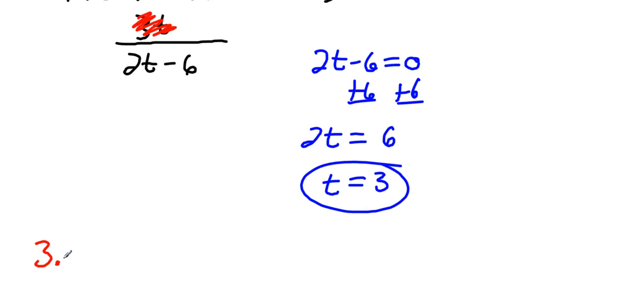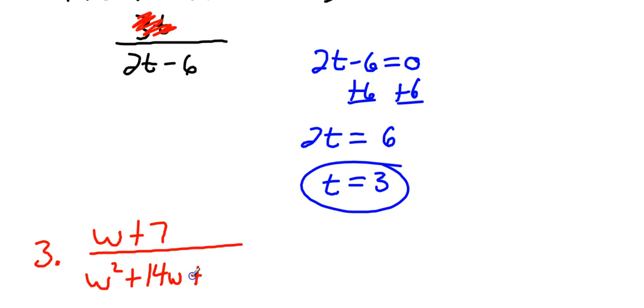All right, number 3. Same thing. Still finding the excluded values. So let's go with w squared plus 14w plus 24.